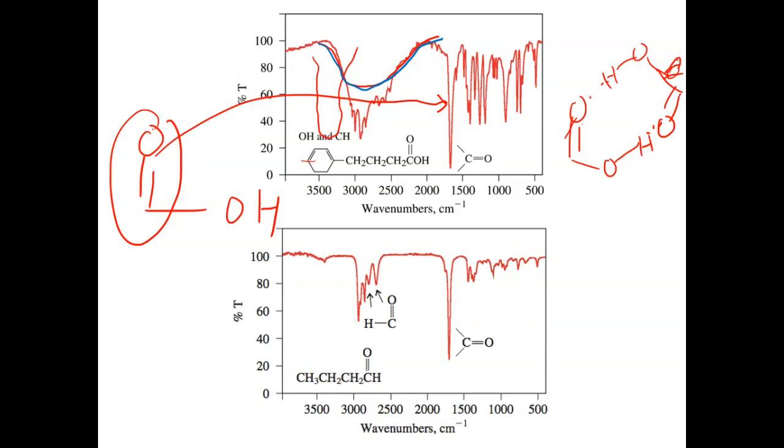So you can have a better feel when you compare the IR of carboxylic acid and the IR of aldehyde. You can see that while both have the carbonyl group, okay, around 1700, for the aldehyde, the CH stretching peaks cleanly appear.